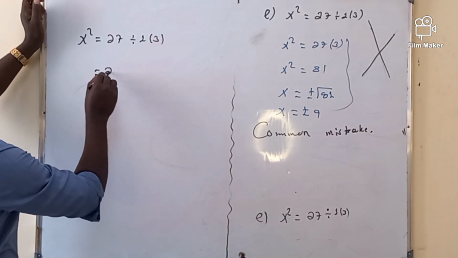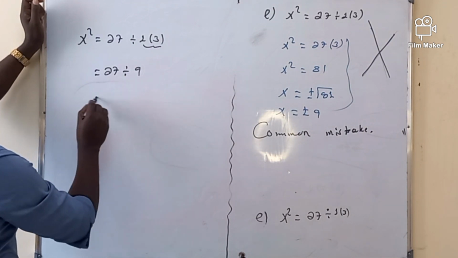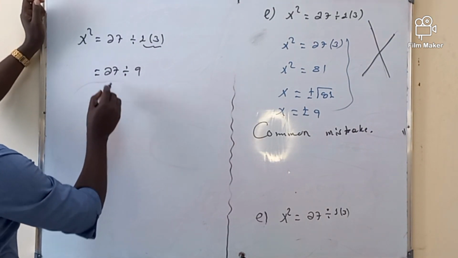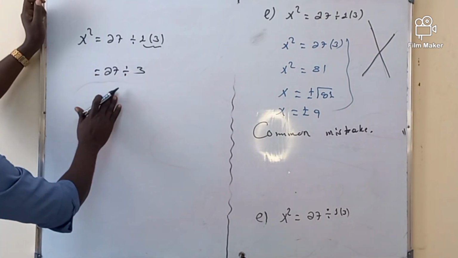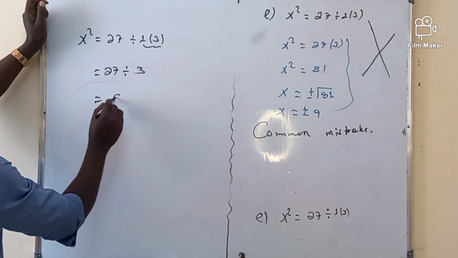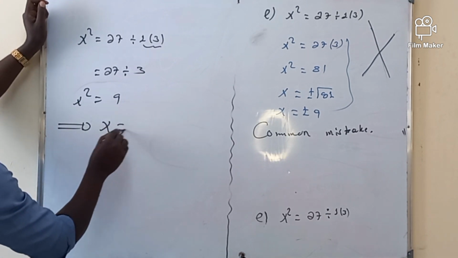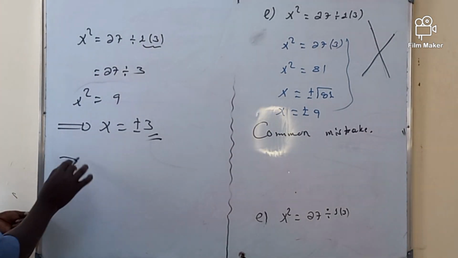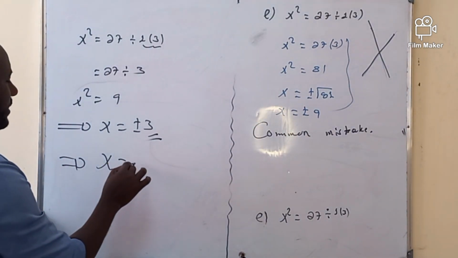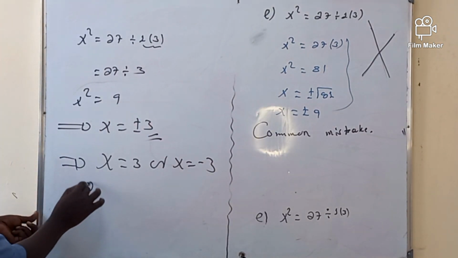So it is going to be 27 divided by, what's the result for this? 1 times 3 is going to be 3. So 27 divided by 3 is 9. x squared will be 9. So this implies that x will be plus or minus 3. So x is either 3 or x is negative 3. So this is the correct method.